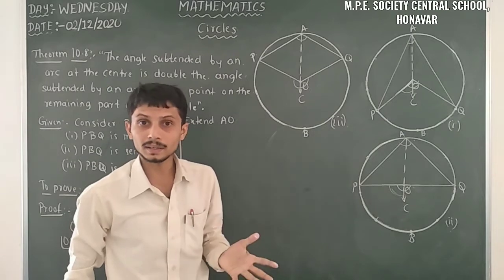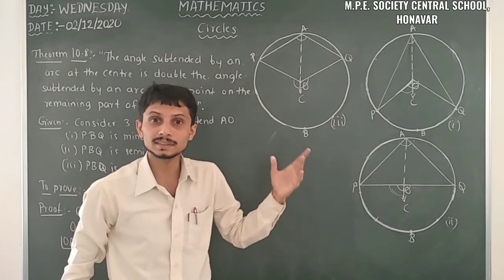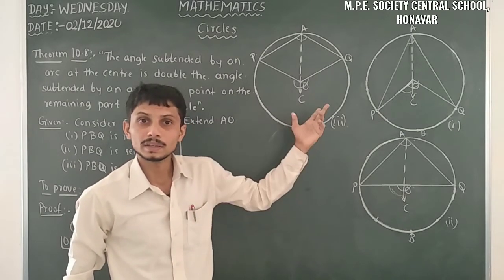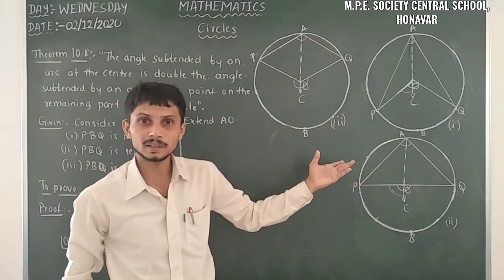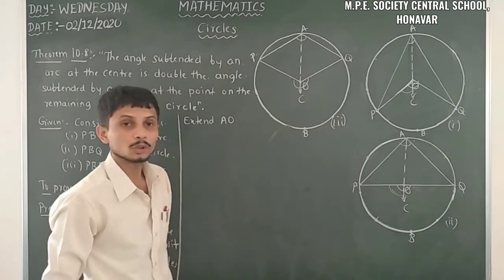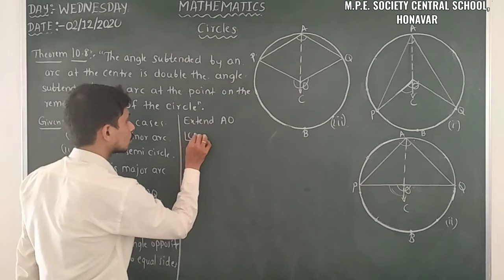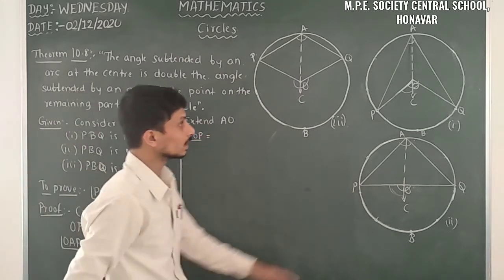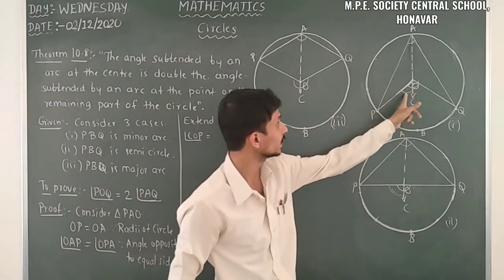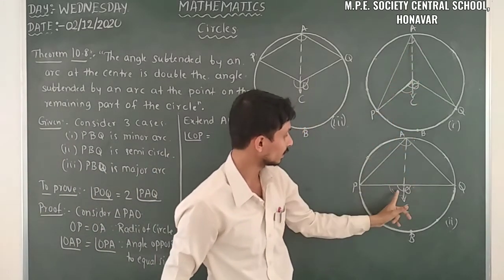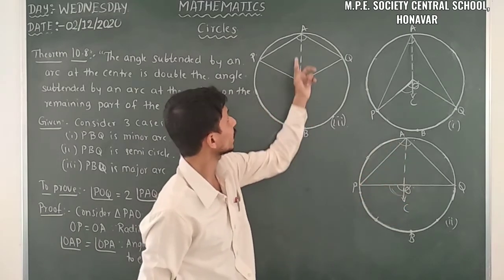We already know that the exterior angle is the sum of the interior opposite angles. So that's why we have to express it in that form. We want the relationship between this angle and this small angle.